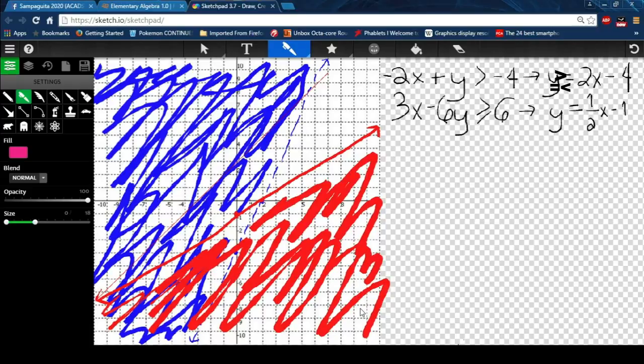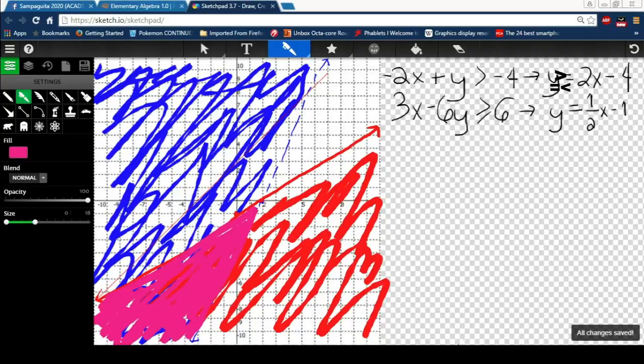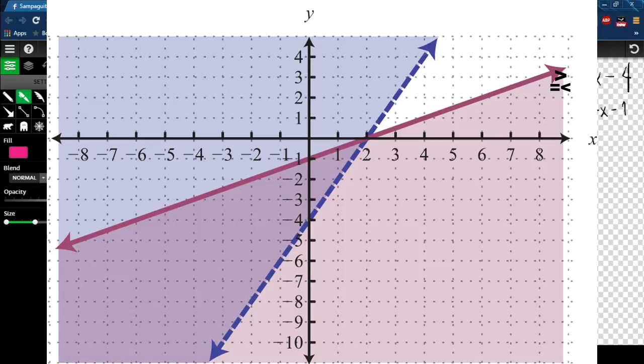The intersection will be shaded pink. Now here is the graph of the intersection of the two inequalities, respectively negative 2x plus y is greater than negative 4 and 3x minus 6y is greater than or equal to 6.